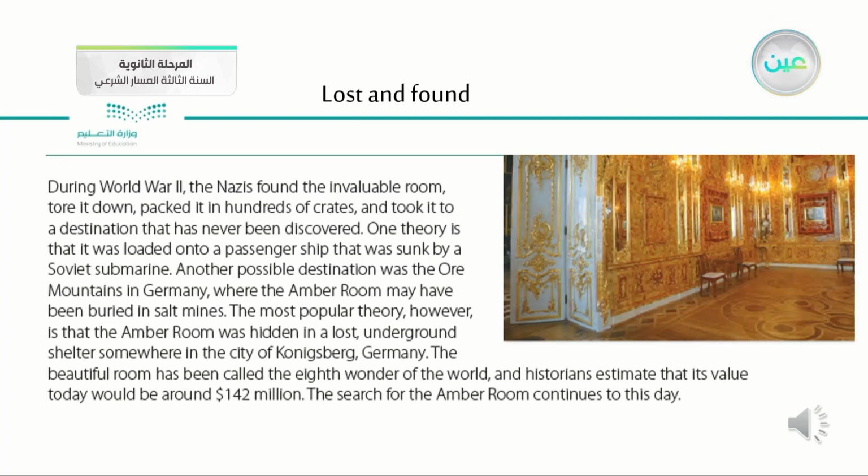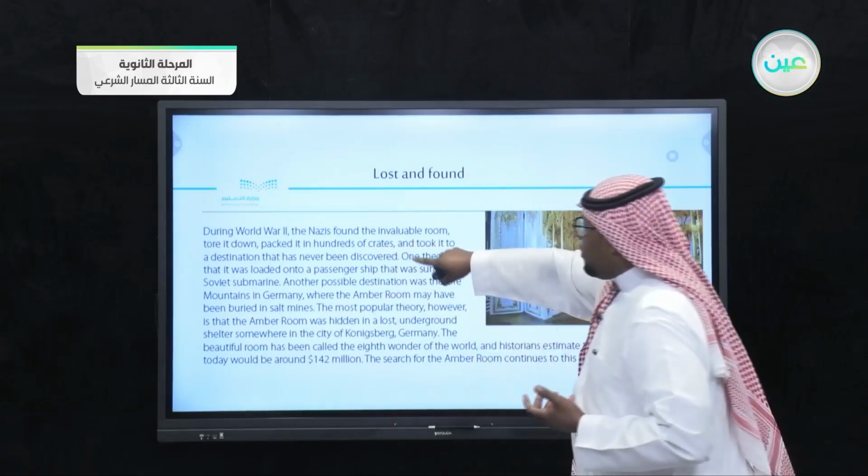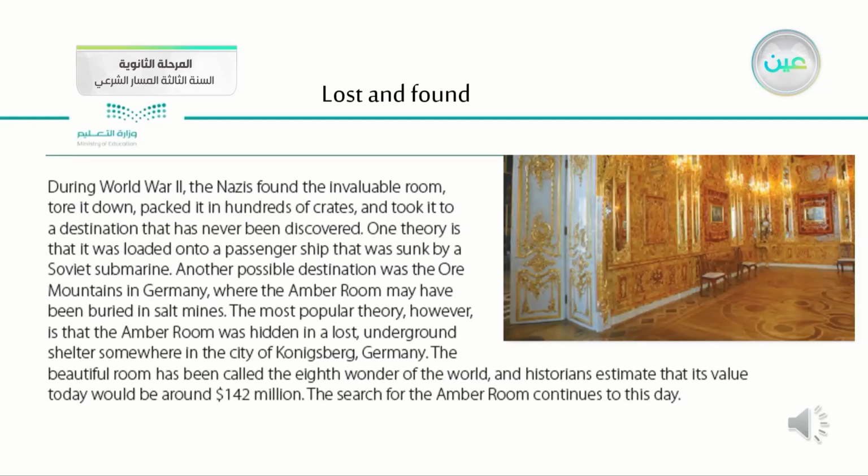Okay, guys, for now we'll discuss some of the completion of the Amber Room. And of course here, we can say that during the Second World War, the Nazis found the invaluable room, and they packed it in hundreds of crates and took it to a destination which has never been discovered. One theory, one of the theories that actually tells us where the Amber Room is now, is that it was loaded onto a passenger ship that was sunk by a Soviet submarine.